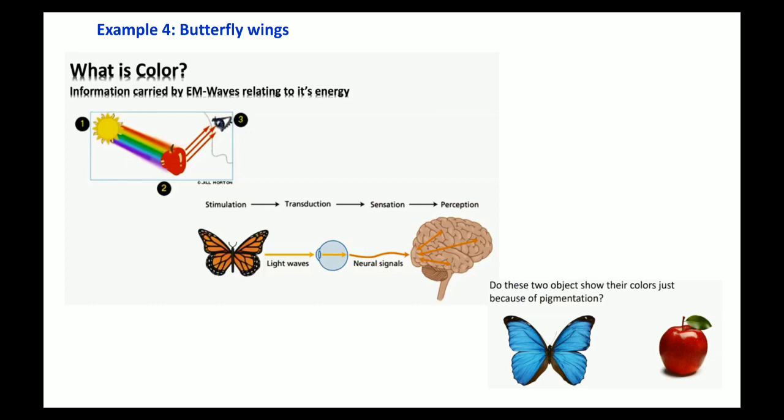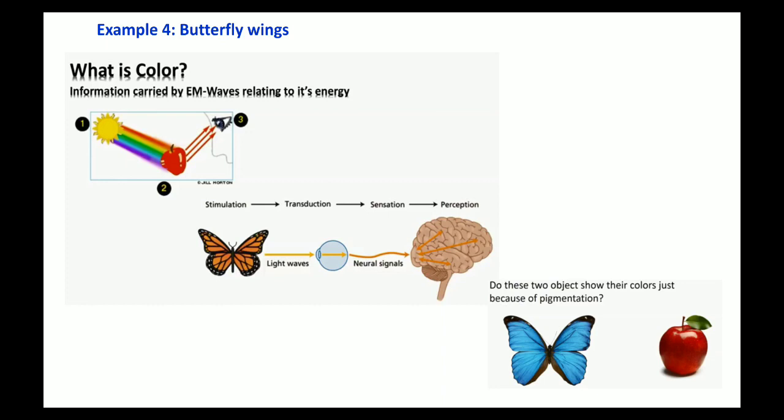In image 1, you can see there is an apple. The sunlight falls on the apple, and because the apple is red, we are able to see that it is red. But in the case of butterfly wings, this is something different.